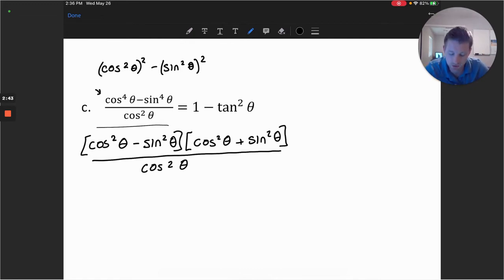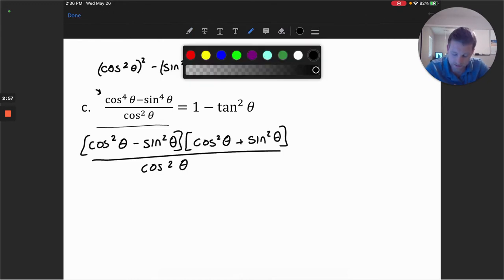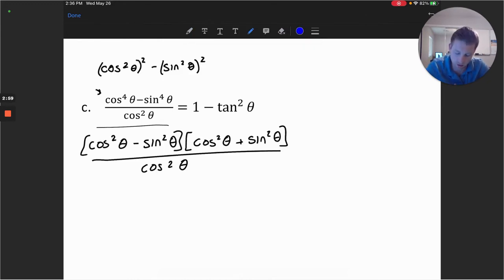Again, I'm not going to touch the right side of this equation yet. I just want to make sure that I can rewrite this left side as 1 minus tangent squared. We'll notice that in the numerator we can utilize one more property, which is the Pythagorean theorem.